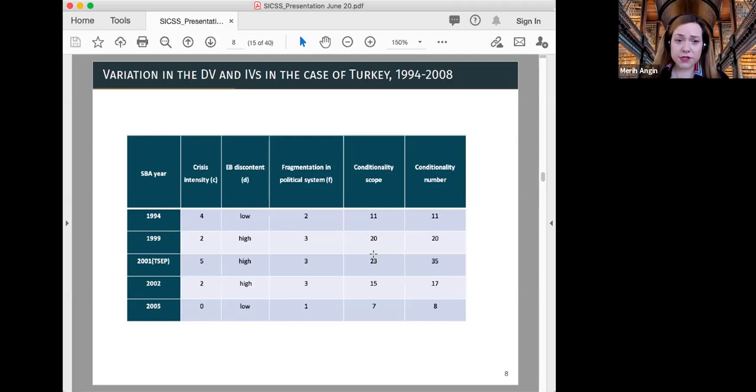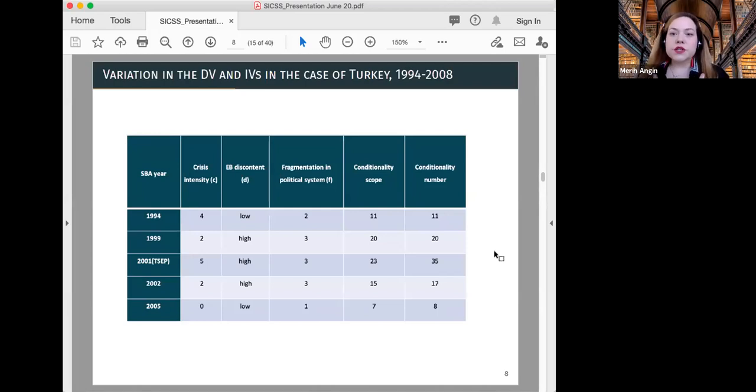And executive board discontent is a variable that I coded myself. So each time an executive director raised a concern, actually a criticism, about the way an IMF program was designed by the staff, I counted. And then we assigned a certain score to that.